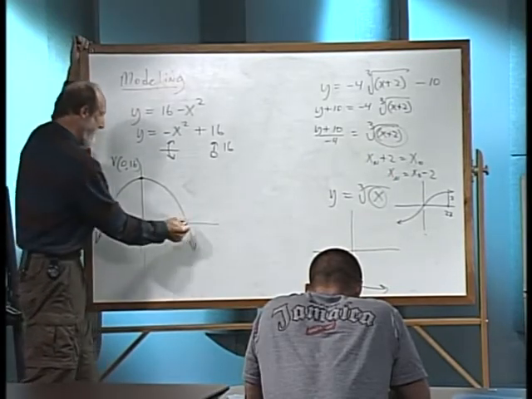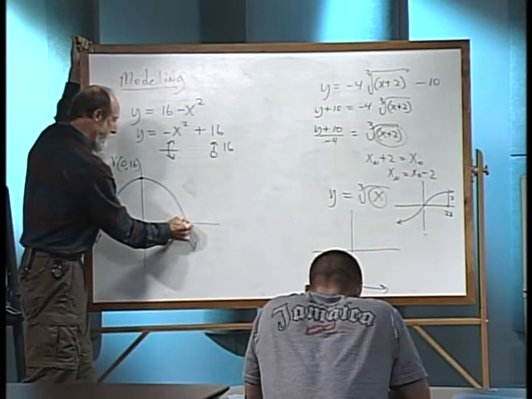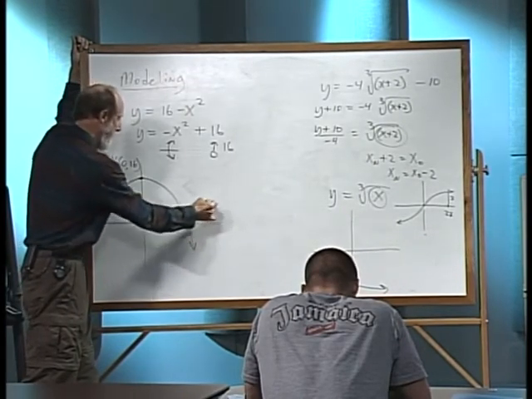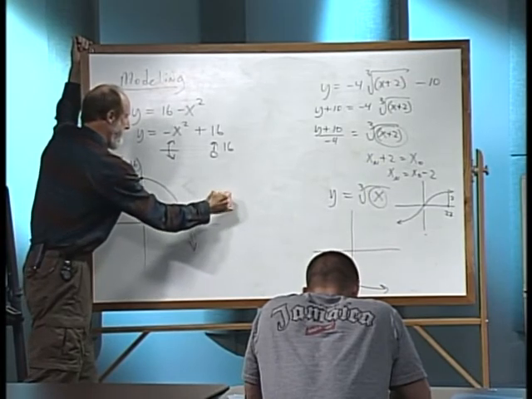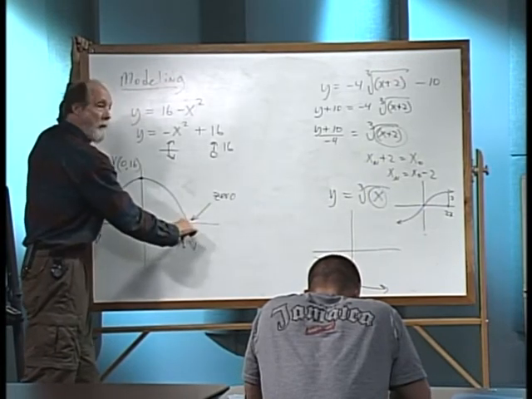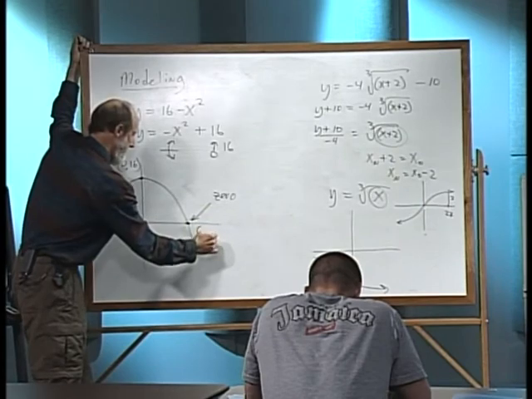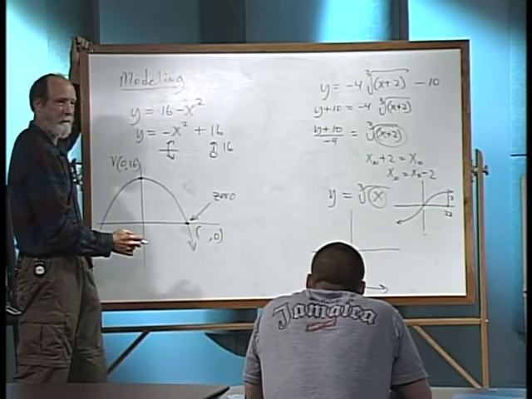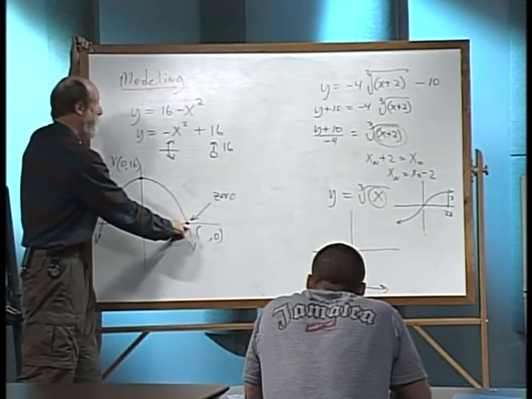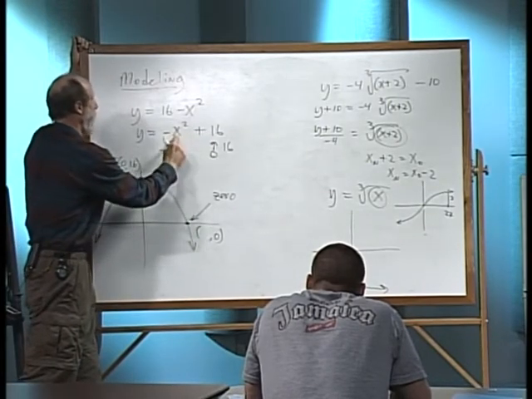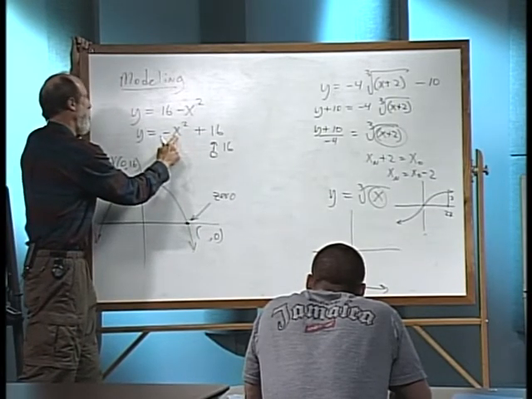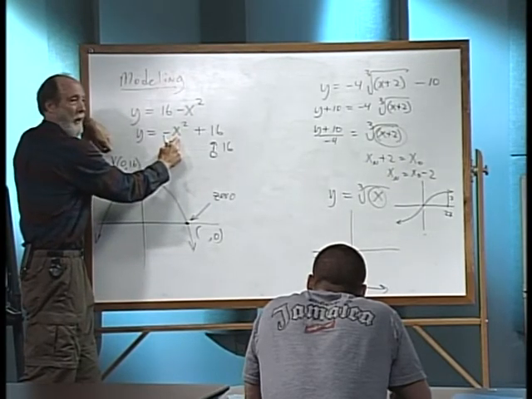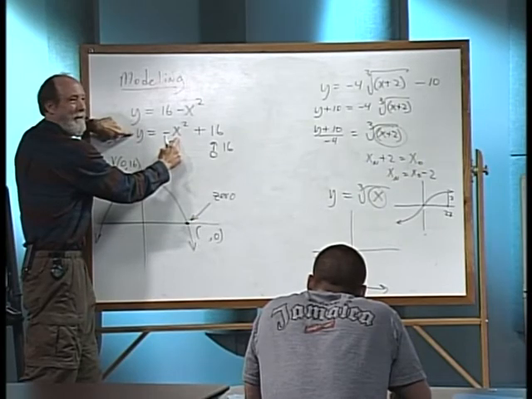While we're at it, what's the x-intercept, folks? If you wanted to find this 0, 16 to the right? Let's try it. If you put 16 in for x, do you get 0 for y?